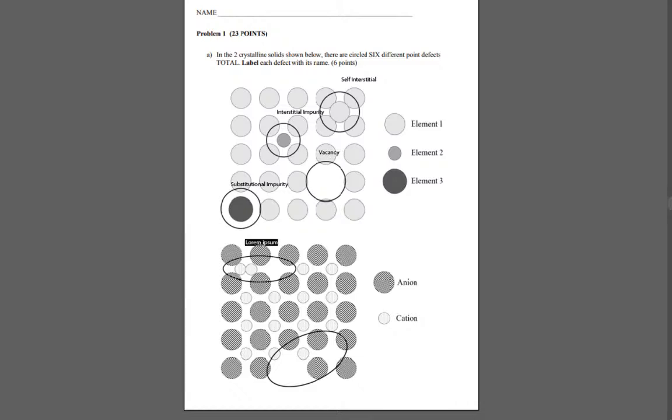For the ionic solids, there are two types. The first one is the Frenkel. The other one is, let's see, what's the name?